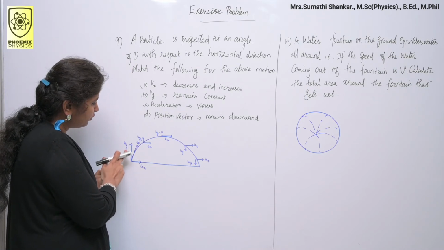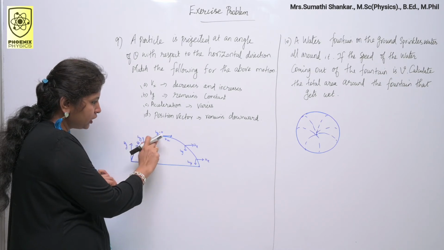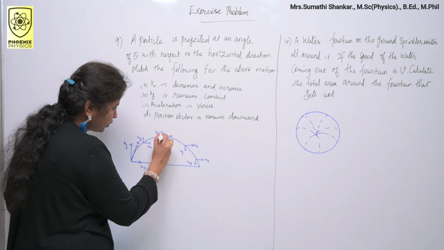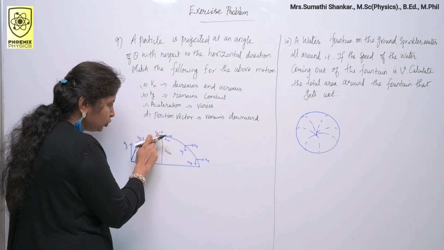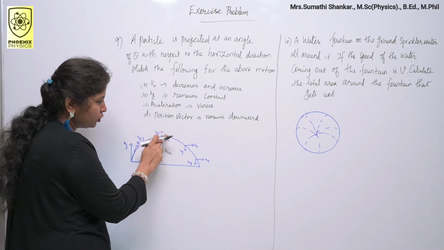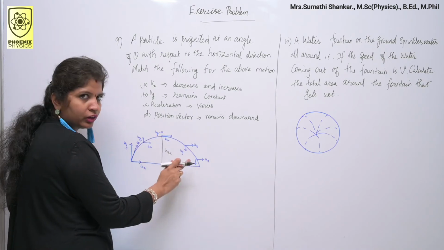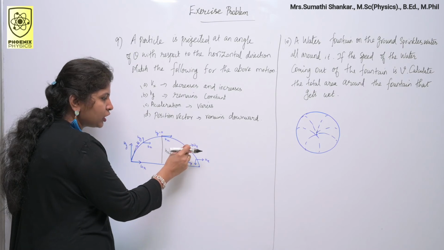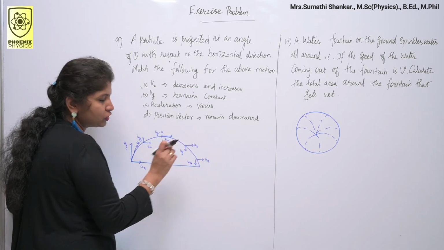Initially the vertical velocity is this much, after that it decreases. At this point, our maximum height h max, uy, the vertical velocity, is 0 but the horizontal velocity is the same everywhere. After this position, uy starts to increase and finally it reaches the ground.